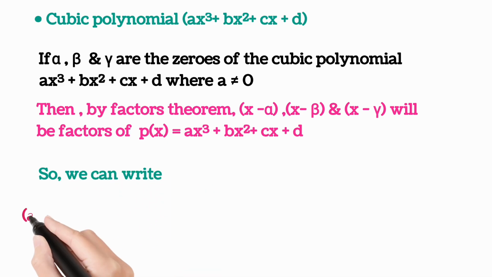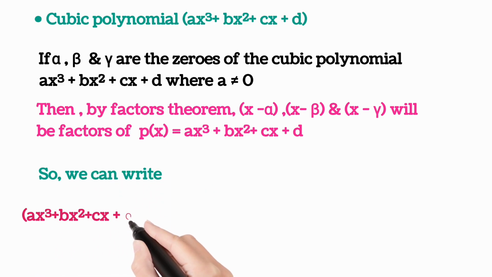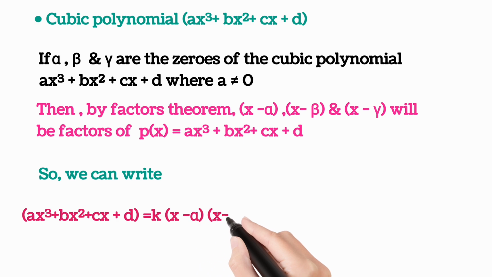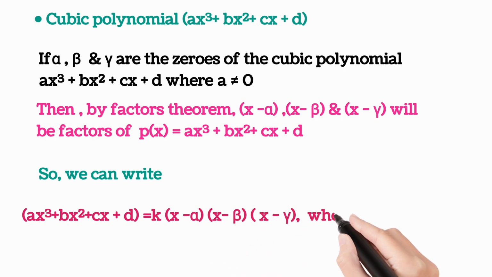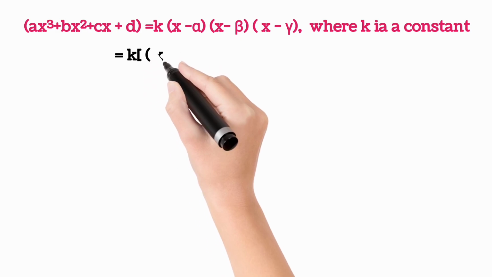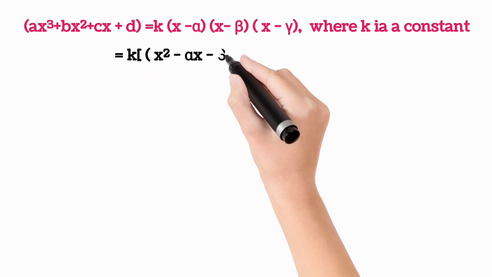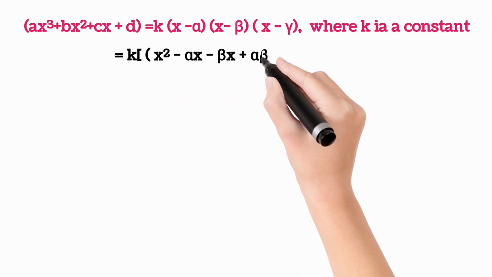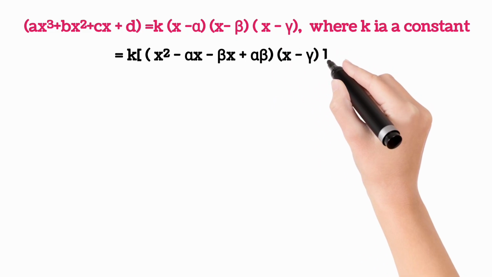So we can write ax cube plus bx square plus cx plus d equal to k into x minus alpha into x minus beta into x minus gamma, where k is a constant, that is equal to k into x square minus alpha x minus beta x plus alpha beta into x minus gamma.